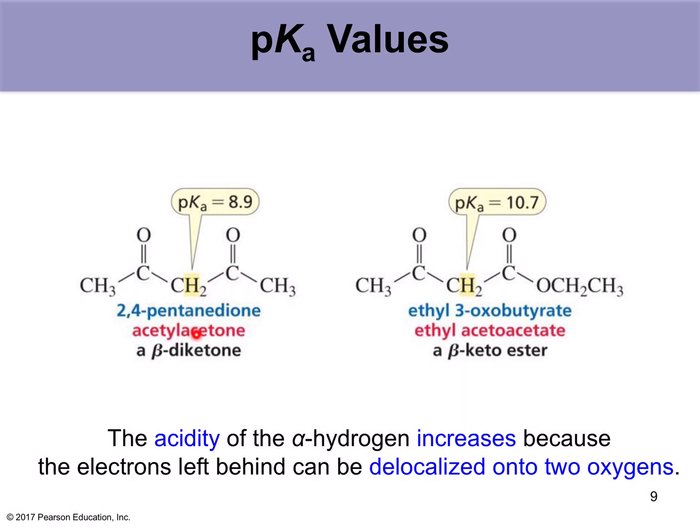This one is more acidic compared to this. Again, this is an ester. The ester oxygen competes for the resonance with the carbonyl group, so it's going to be less acidic compared to the beta diketone.